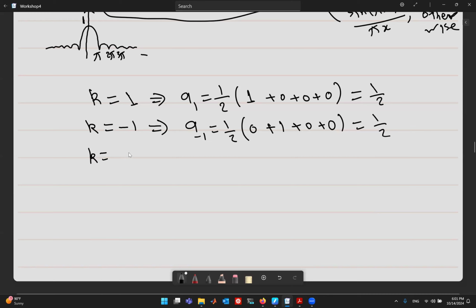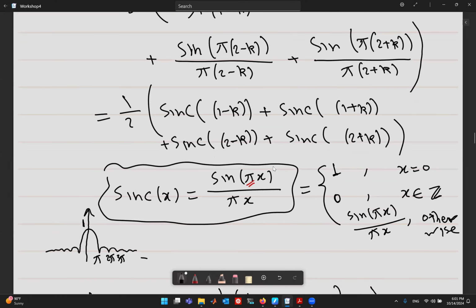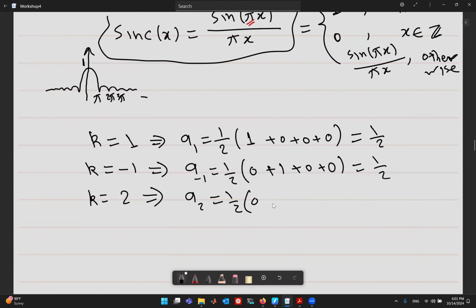When k equals 2, then a2 equals 1/2 times which term? The third term will be 1. So 0 plus 0 plus 1 plus 0, which is again half.